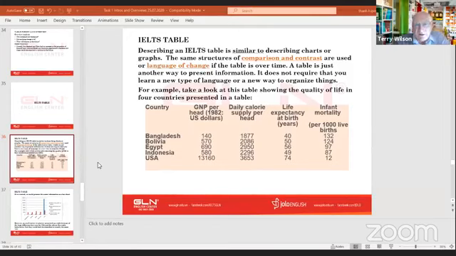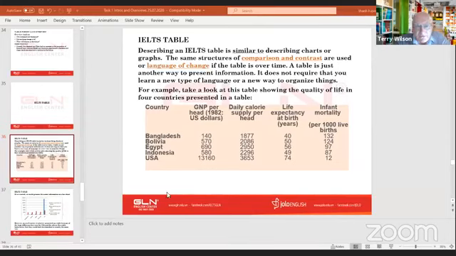The same structures of comparison and contrast are used, or language of change if the table is over time. The table is just another way to present information. It does not require that you learn a new type of language or a new way to organize things. For example, we'll take a look at this table showing the quality of life in 4 countries presented in the table. So what do we have?